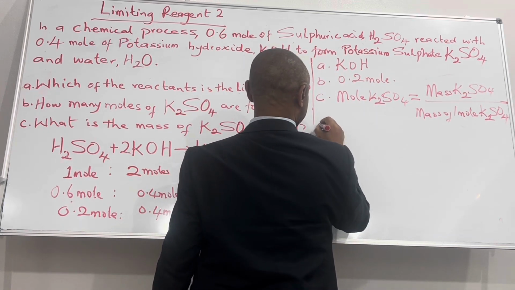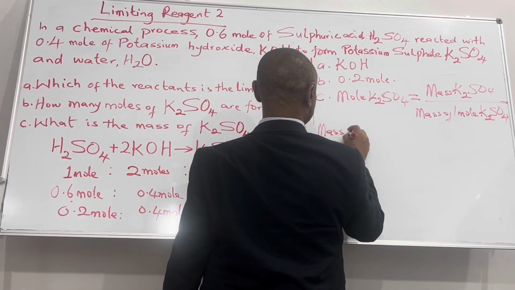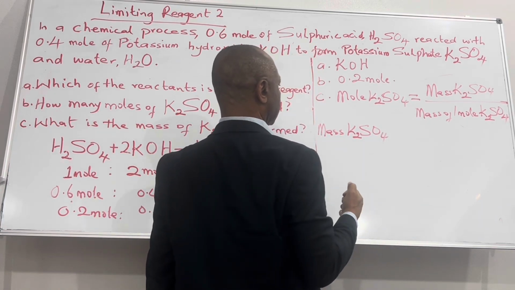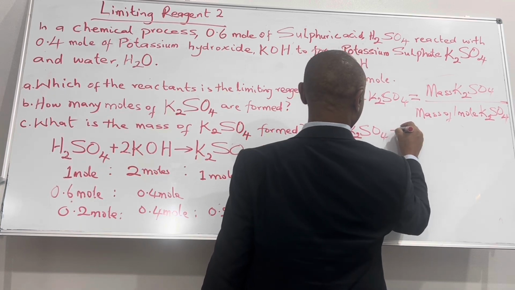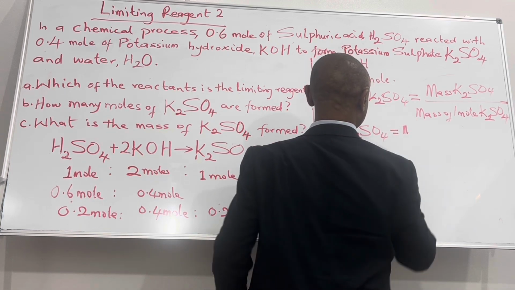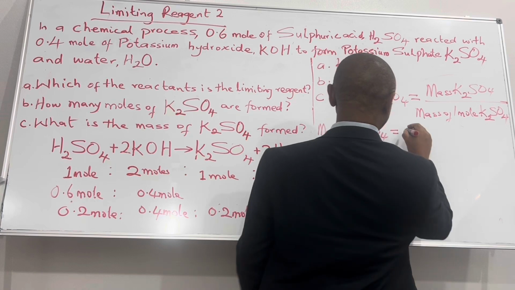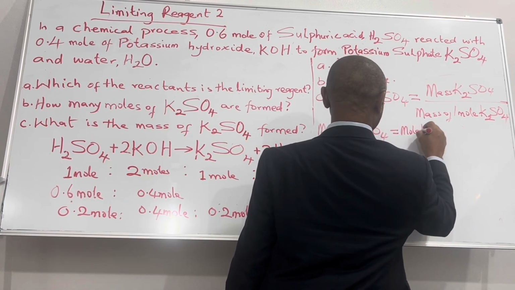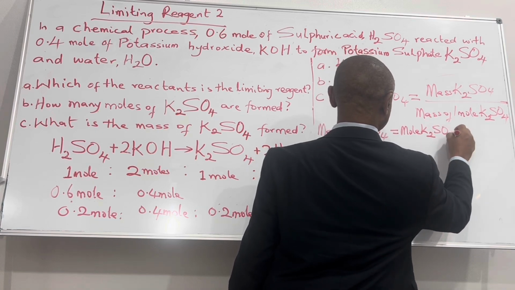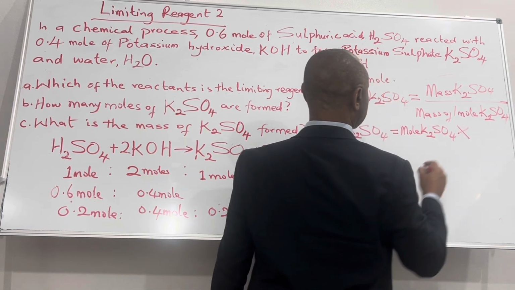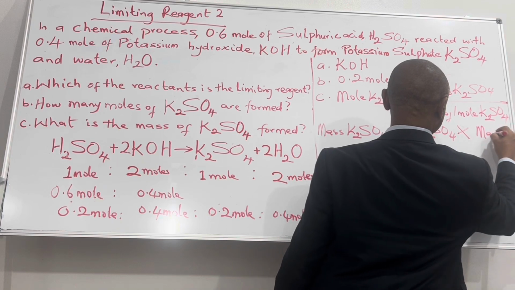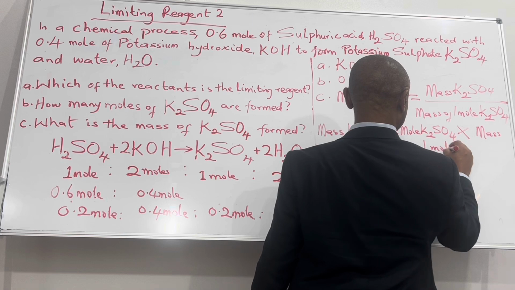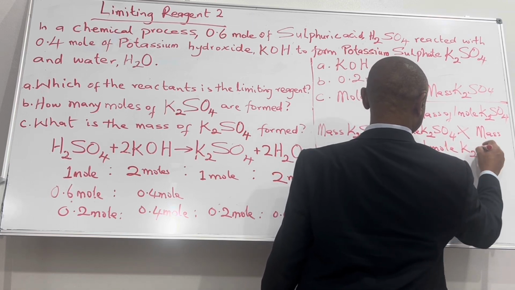We now say mass potassium sulfate is equal to mole potassium sulfate times mass of 1 mole potassium sulfate.